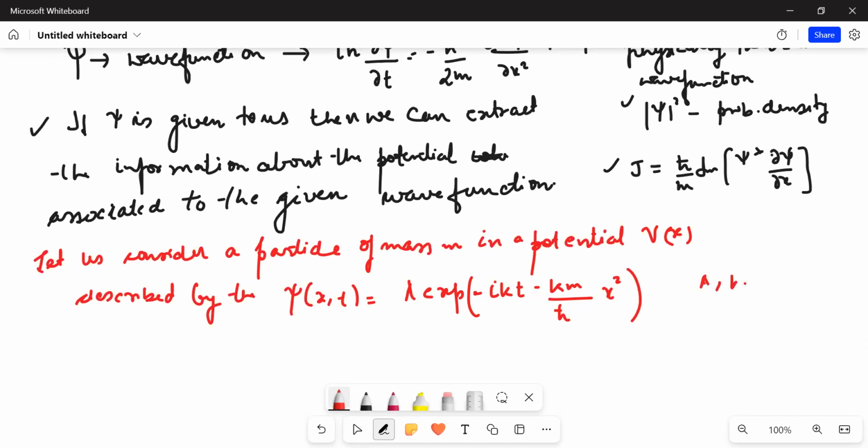Here A and k are some positive constants. We want to find the form of the potential.